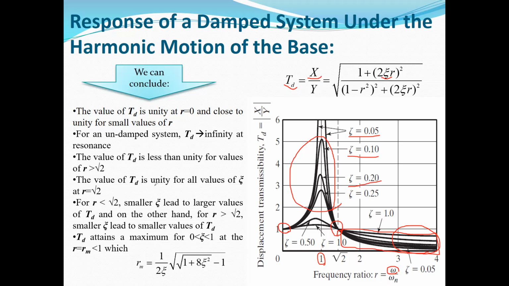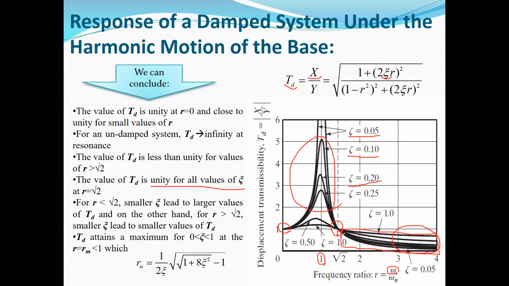And here the value of TD is unity for all values of psi, as I told you in the first conclusion. For r less than square root of 2, smaller psi leads to large values of TD. On the other hand, for r more than square root of 2, smaller psi leads to smaller values of TD.